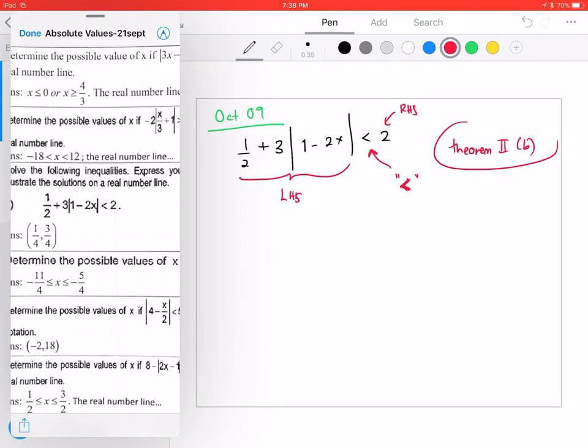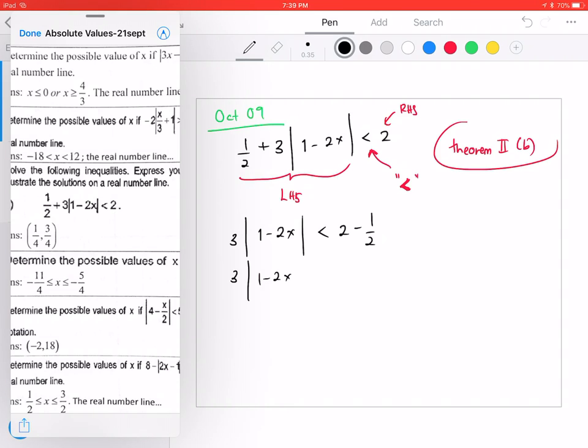Now we need to simplify our left hand side. The first thing that you can do is to remove that 1/2 simply by adding 1/2 to both sides. Now you are left with 3 modulus 1 minus 2x less than 2 minus 1/2.